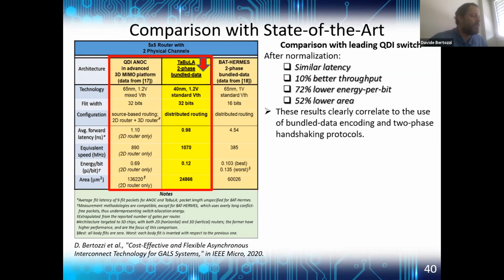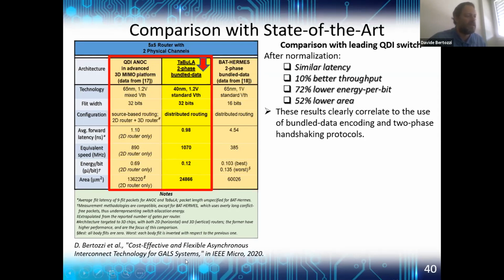Because here you can see that these networks have unfortunately been prototyped with different manufacturing processes and different voltage thresholds. Therefore, these numbers are not directly comparable. So we tried some normalization of the process node and the voltage threshold, and we report here results after normalization.